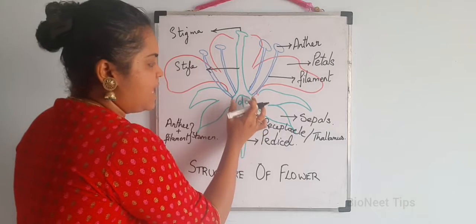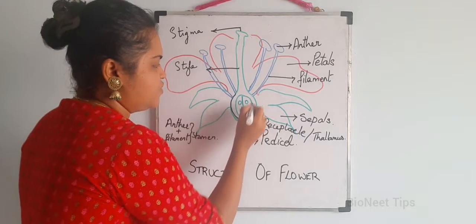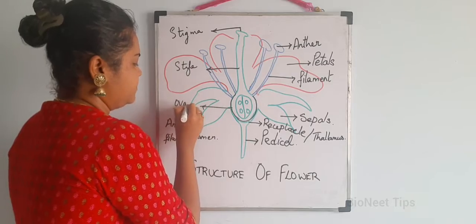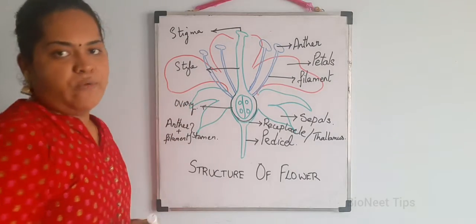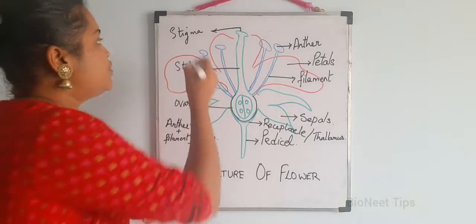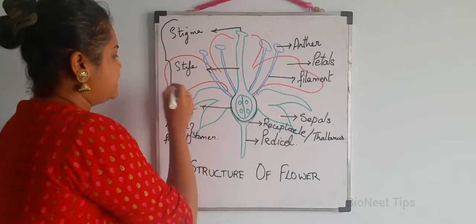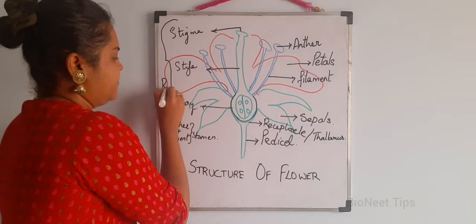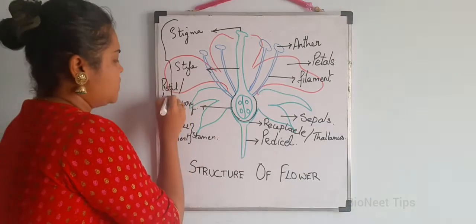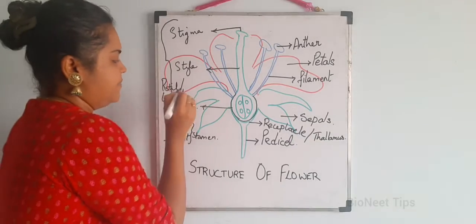And this globular structure at the base is the ovary. So this stigma, style and ovary together we call the pistil. We call it either pistil or carpel.